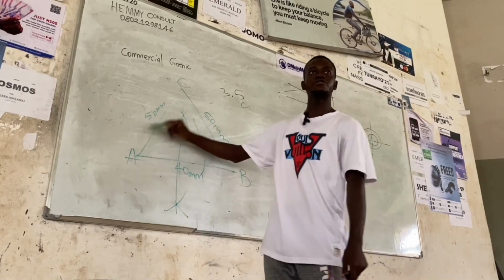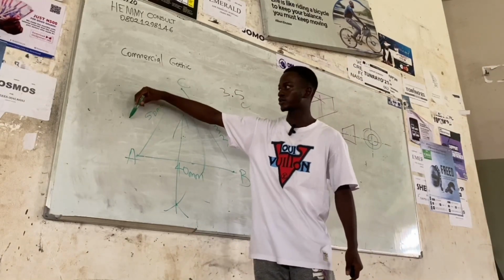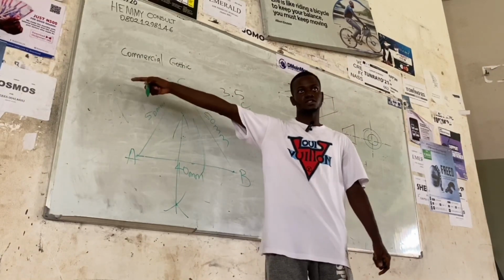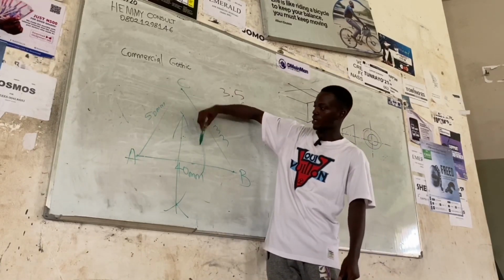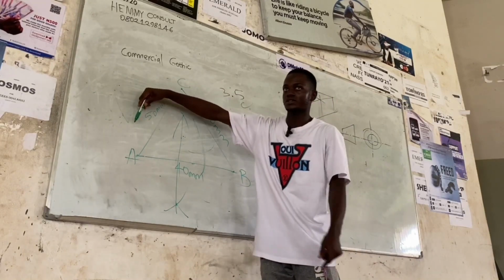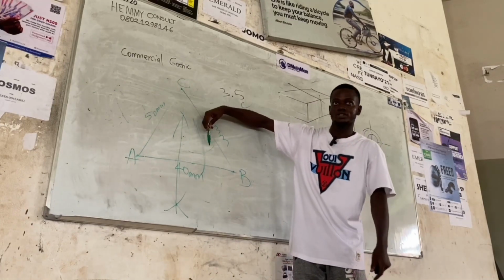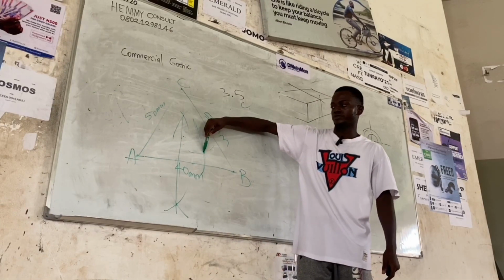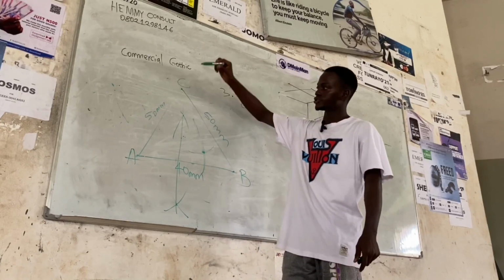With that same radius, you place it at C. Strike another arc to intersect this arc at this region. Then you mark out the points, and join them together.